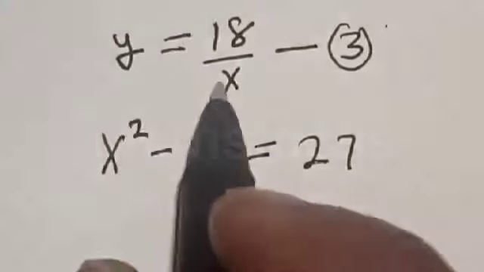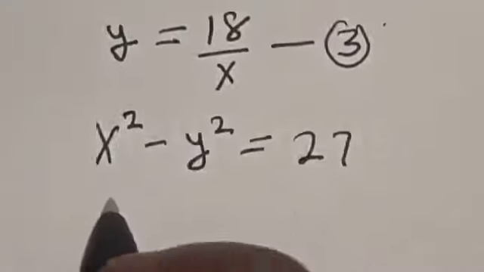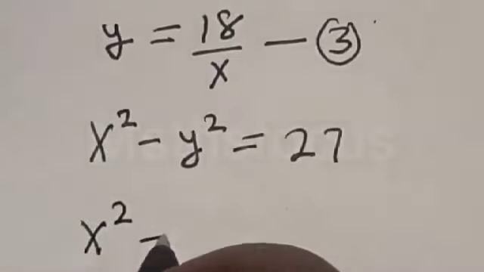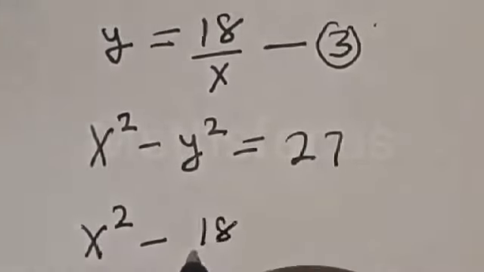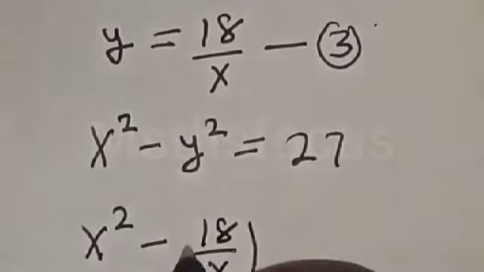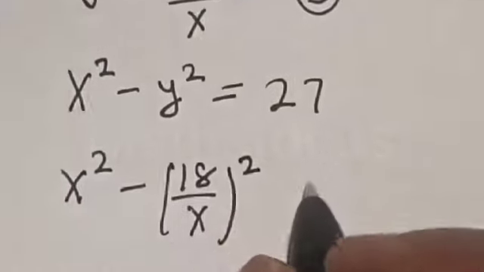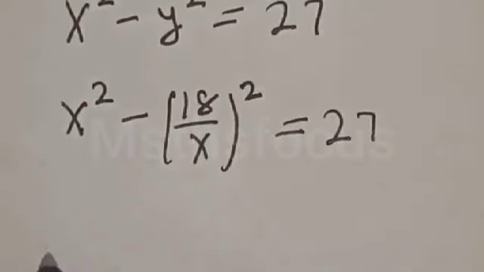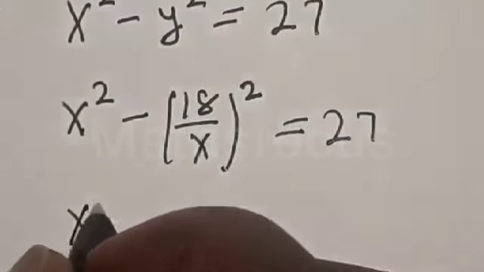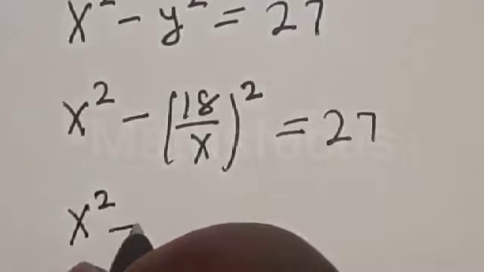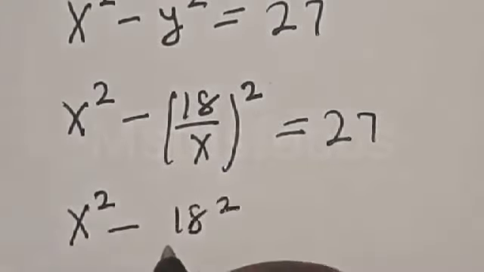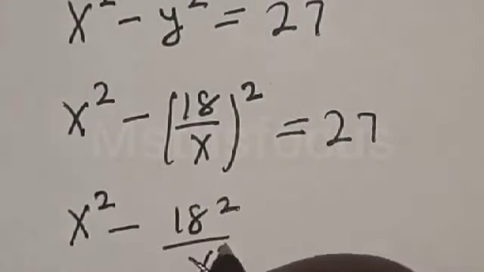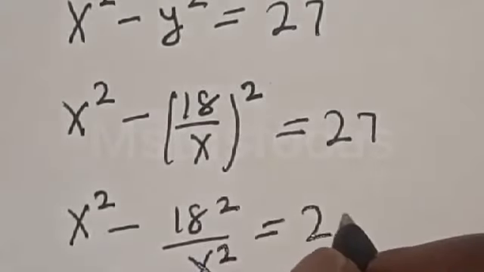But y is equal to 18 divided by x. So x squared minus (18 divided by x) squared is equal to 27. And this is x squared minus 18 squared divided by x squared is equal to 27.